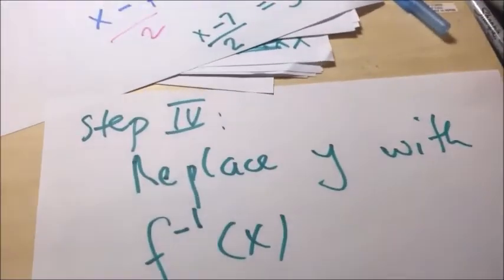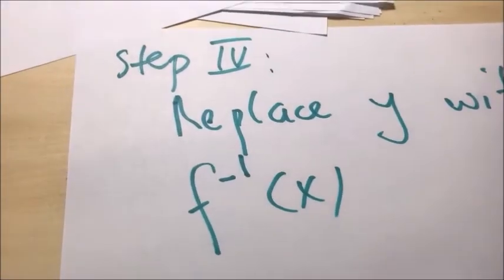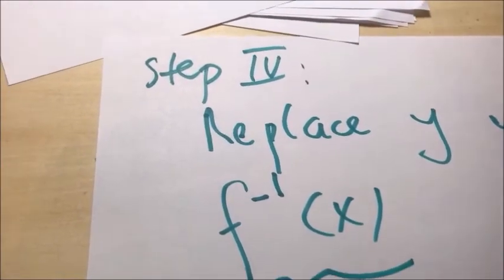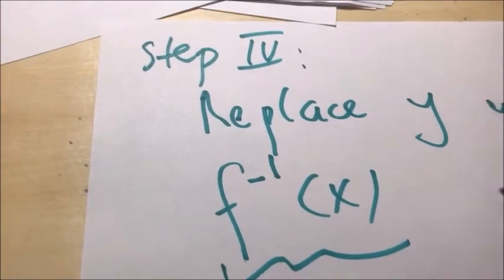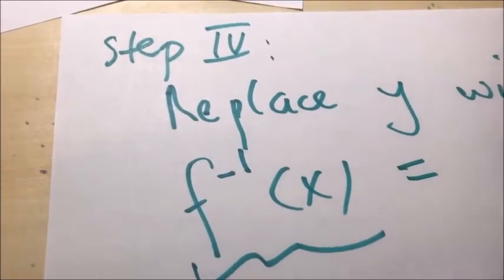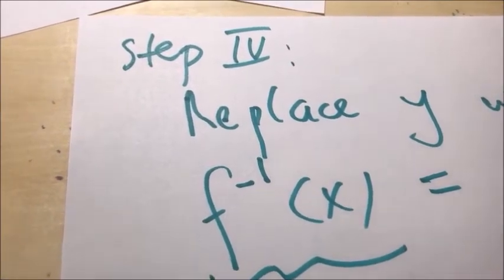This does not mean f with an exponent of -1. It does not mean that. It just means f inverse. f inverse of x is going to be equal to, as we just saw, (x minus 7) over 2.